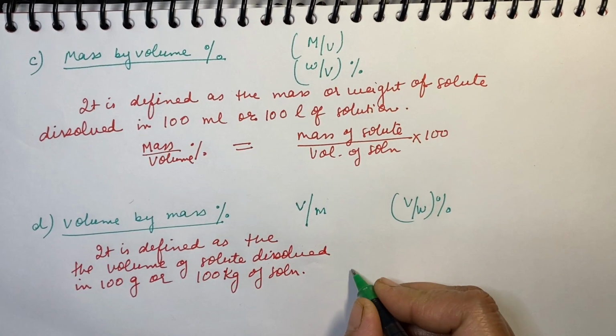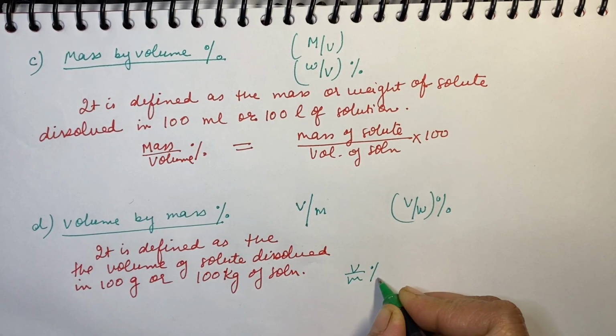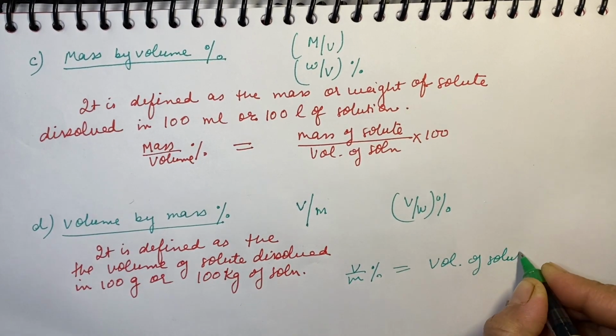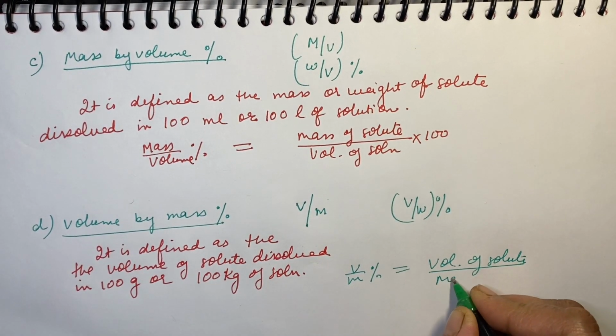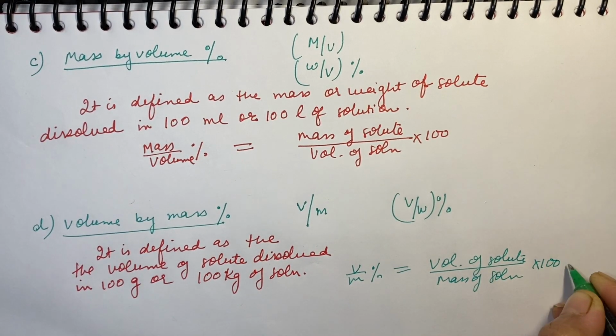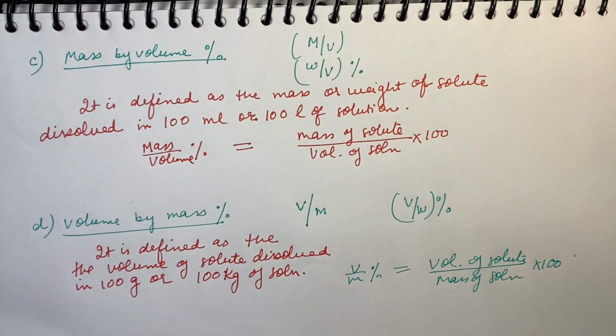So volume by mass percent will be equal to volume of solute divided by mass of solution into 100. So these are the terms by which we can represent the different compositions in different ways.